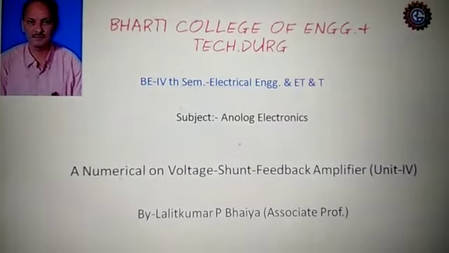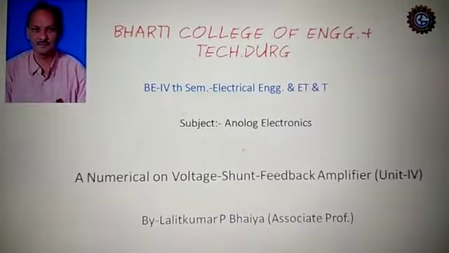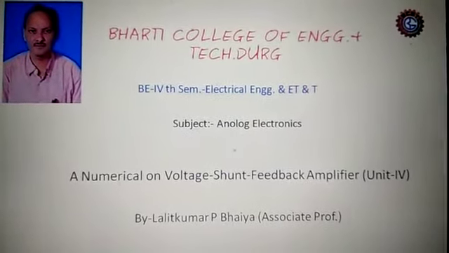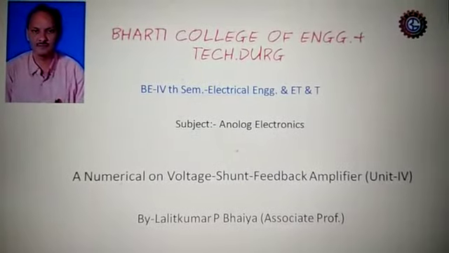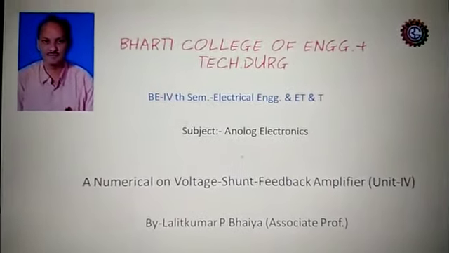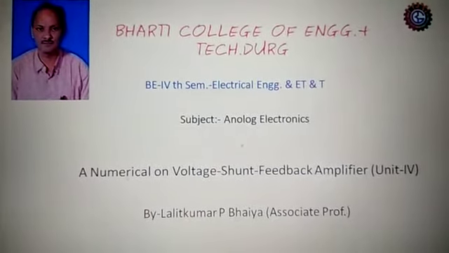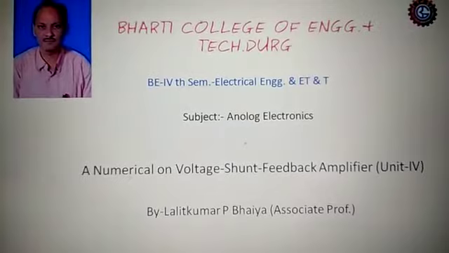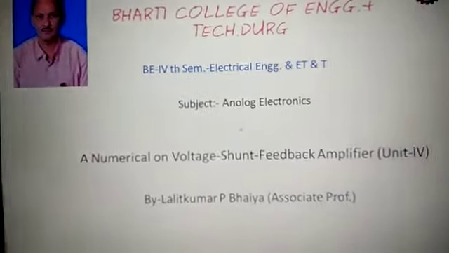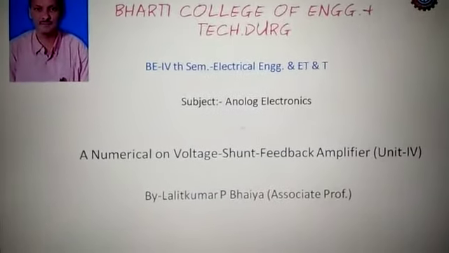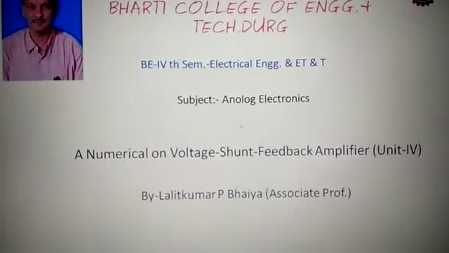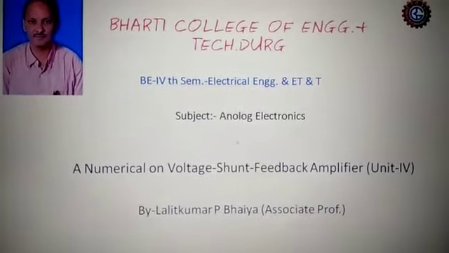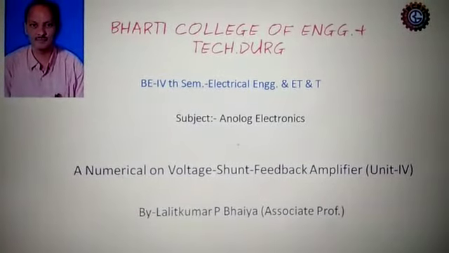In last videos of the feedback amplifier, we have seen numericals on voltage series, current series, etc. Today we will discuss how to identify the topology of the given feedback circuit and how to solve the feedback parameters like closed loop gain, closed loop current gain, closed loop voltage gain, closed loop transconductance, closed loop transresistance, input impedance, output impedance, etc. So let us see with this video a particular numerical on voltage shunt feedback amplifier.